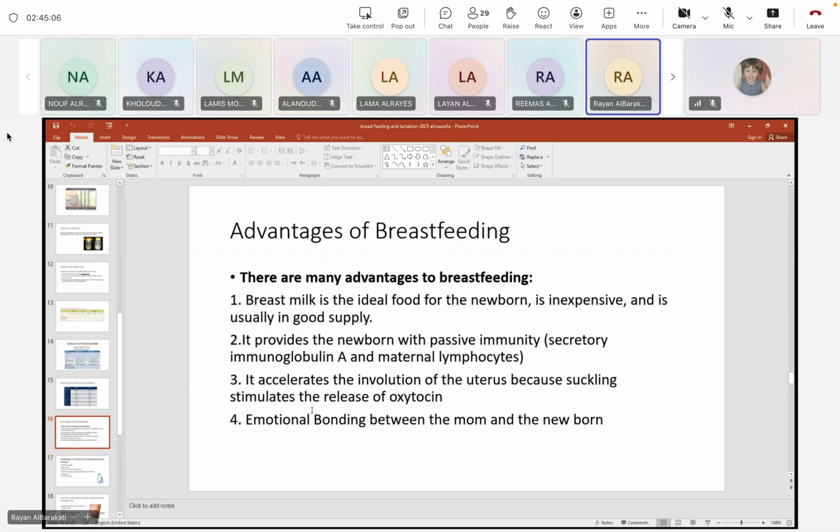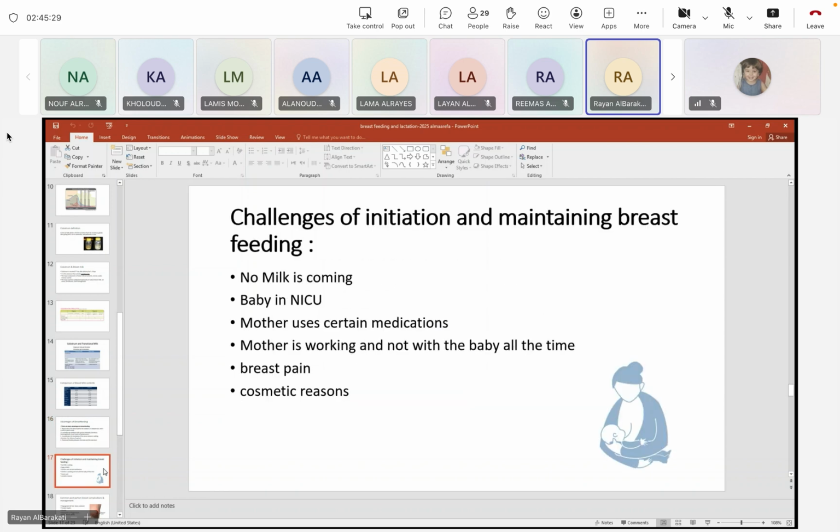A lot of hospitals announce they are baby or mother friendly and promote early skin to skin contact, where the newborn, as it is born, is left on the mother's chest to promote and initiate this bonding. They also promote breastfeeding, of course, and not the formula.